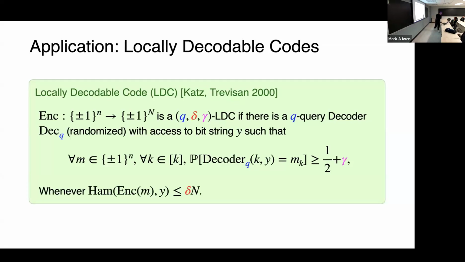The only condition we'll require on Y is that its Hamming distance to the true encoded message is less than or equal to delta N. We make no further assumption. These are very natural, very combinatorial objects, I guess.